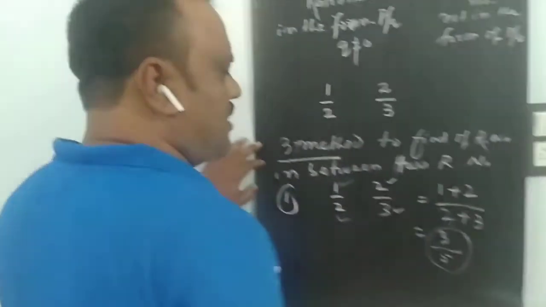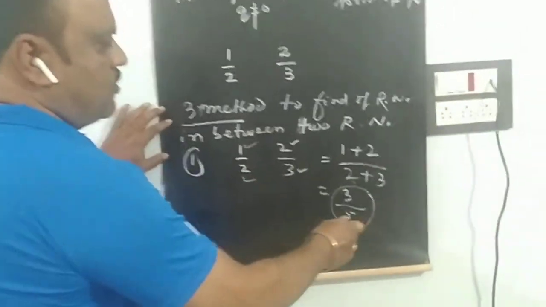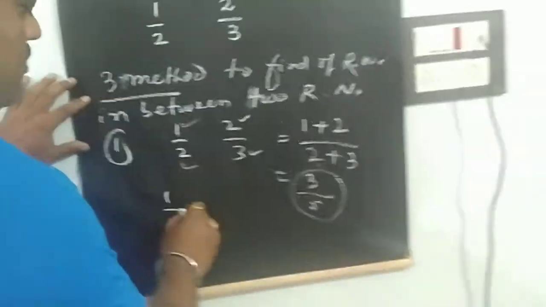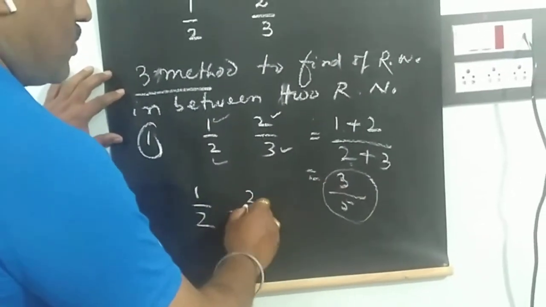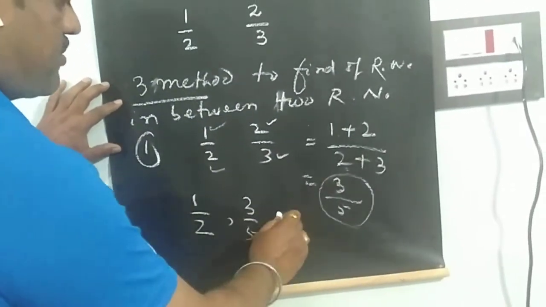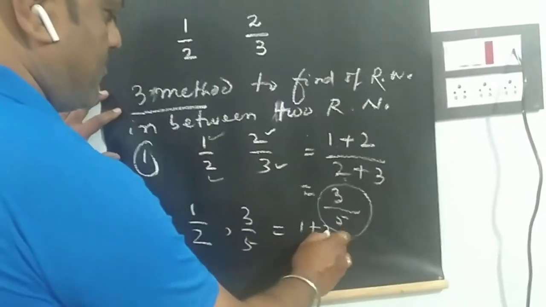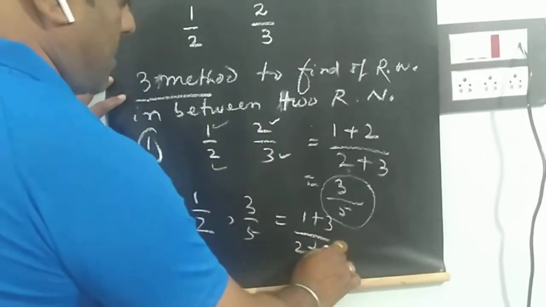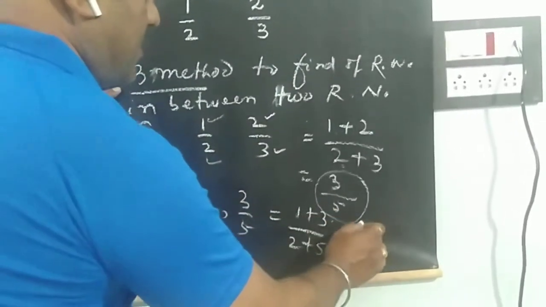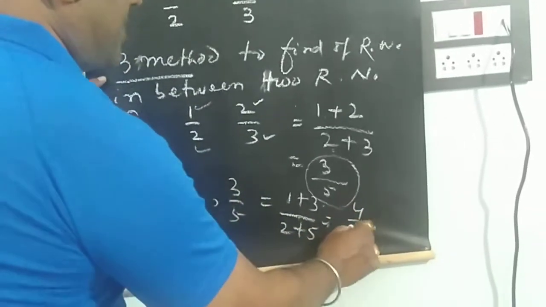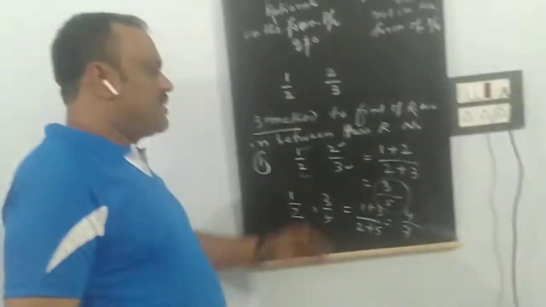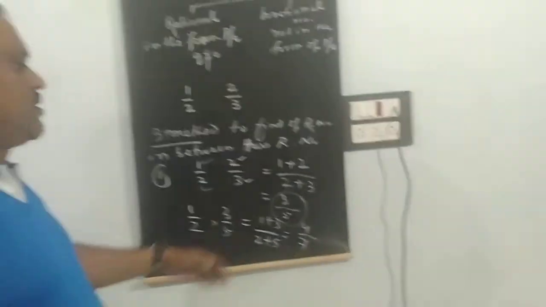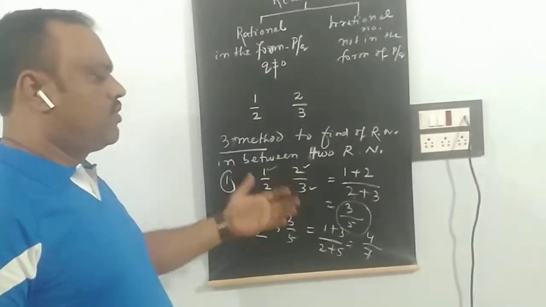After that, for the second rational number, you use the same formula with 1 by 2 and 3 by 5. 1 plus 3 is 4, 2 plus 5 is 7. So 4 by 7 is another rational number. Like that you can find the 1st, 2nd, 3rd, 4th rational number.